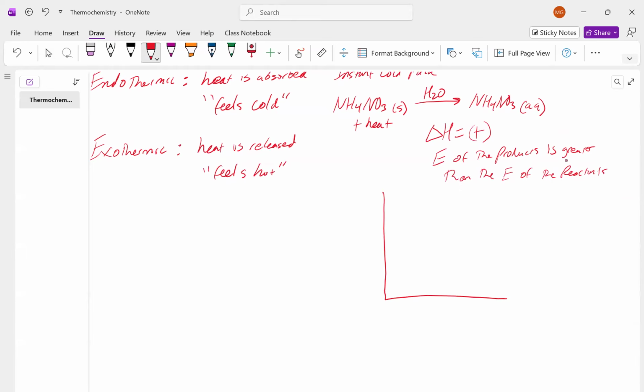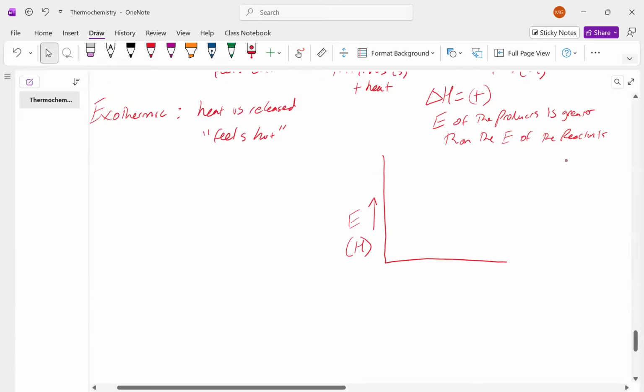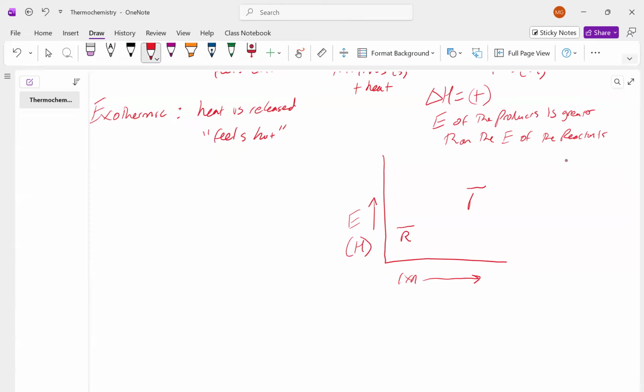On the y-axis, we'll put energy, and we can look at this as enthalpy as well. The reaction progress goes on the x-axis. We typically draw it so that reactants start here, and in an endothermic reaction, the energy of the products ends up higher. So the enthalpy of the product is greater than the enthalpy of the reactant, and so delta H ends up being a positive value.